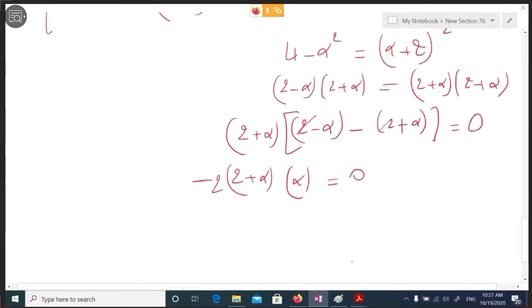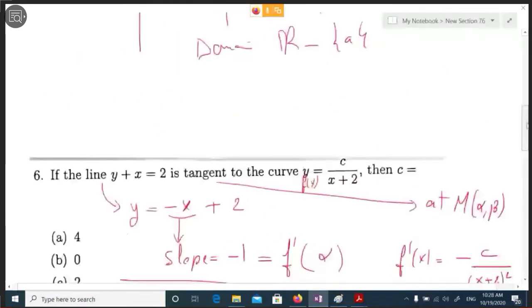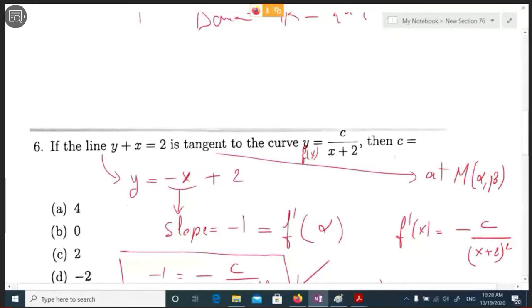Minus 2 alpha is equal to 0. That means alpha is equal to 0 or alpha is minus 2. Now this one you reject. Why do you reject? Because look at the beginning, alpha cannot be minus 2 because it makes the denominator equal to 0.